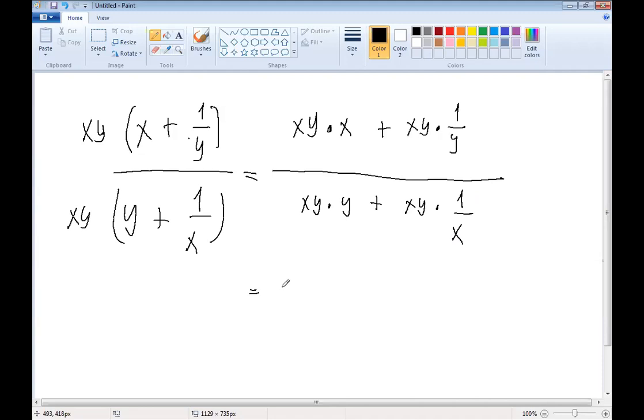The result will give us x squared y plus x, since the y cancels out, leaving x only. And over it, xy squared plus y, since the x cancels out. Got it? Then simplify it further.